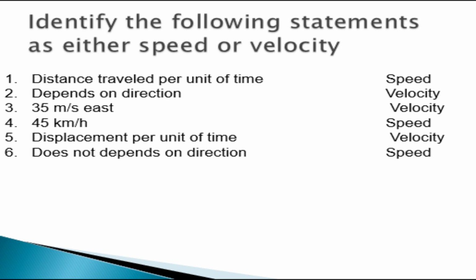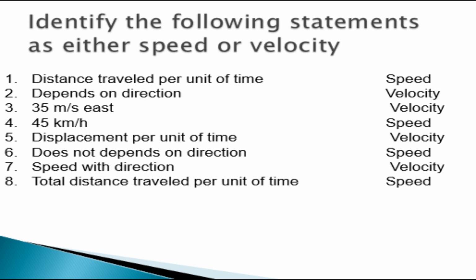Does not depend on direction, speed. Speed with direction, velocity. The total distance traveled per unit of time, speed. S is equal to D over T is the formula for speed.